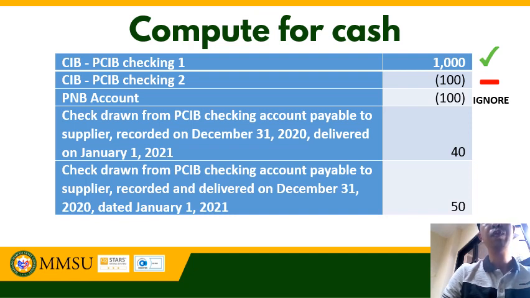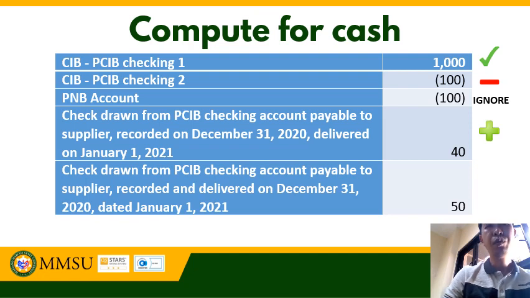So, the adjustment would be a debit to cash and a credit to accounts payable, bringing back your cash and bringing back the liability as well. Okay? So, in the computation of cash, you add this back.